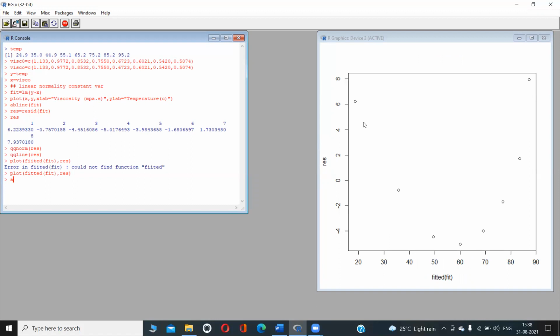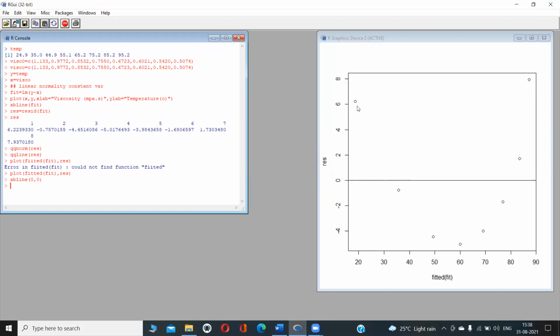And we want a line here. Through this graph we can tell whether these errors have constant variance or not.